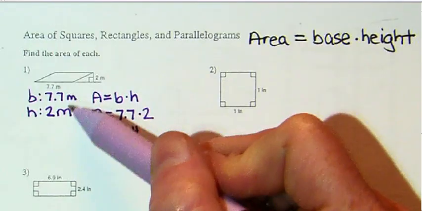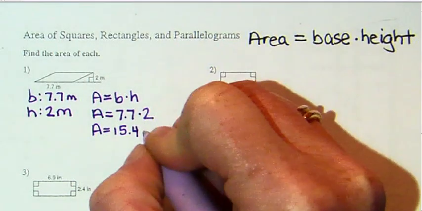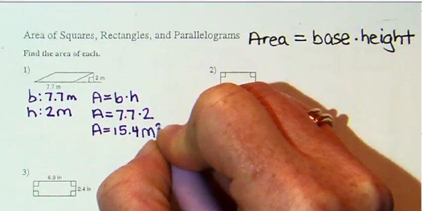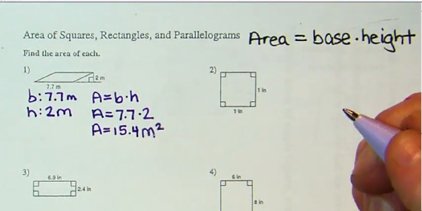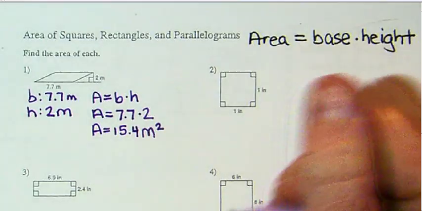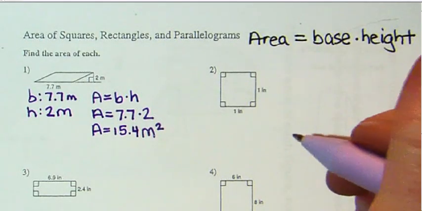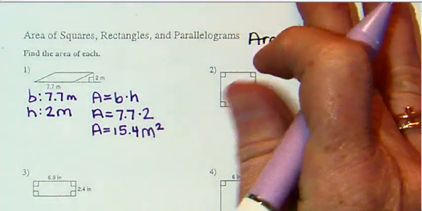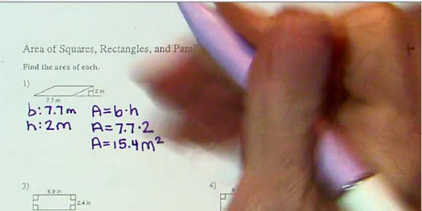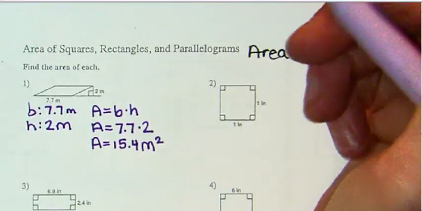And I want you to recall, the units are meters. When you're multiplying meters by meters, that's going to leave your area with meters squared. This is true for any area problem. Let's put this as a side note so that you have access to it.